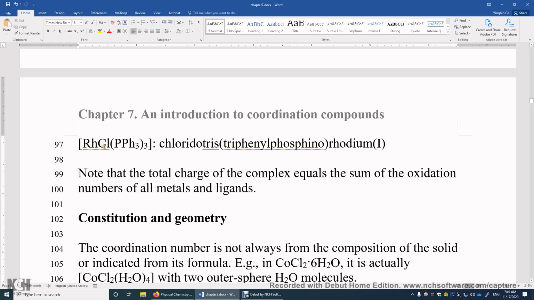And then you know this is chlorine minus with a -1 oxidation number. Therefore, rhodium has a +1 oxidation number. So overall, the total charge of this complex is equal to the sum of the oxidation numbers of all the metals and all the ligands. So you have +1 here, -1 here, you have 0 here. 0 times 3 is still 0. Overall, it's going to be 0.